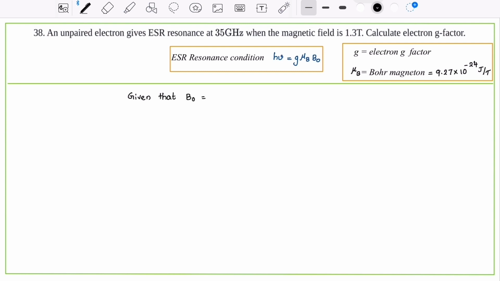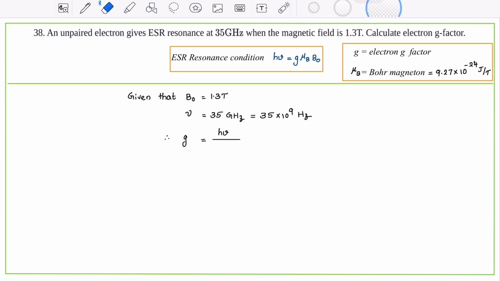In the present problem, B0 is given as 1.3 Tesla and the frequency is 35 gigahertz, that is 35 × 10^9 hertz. Now, from the ESR resonance condition, we can say that the electron g factor g is hν divided by μ_B B0, where μ_B is the Bohr magneton.